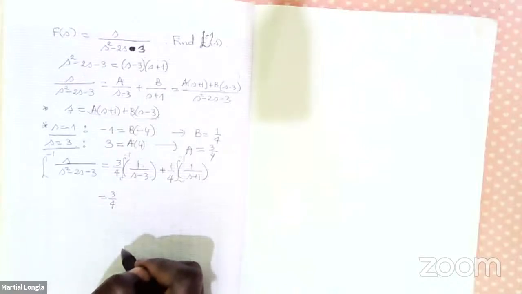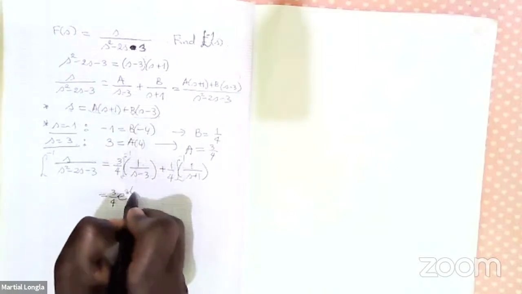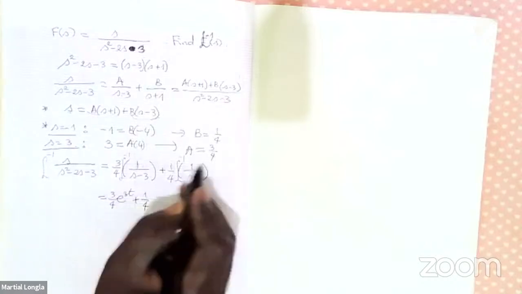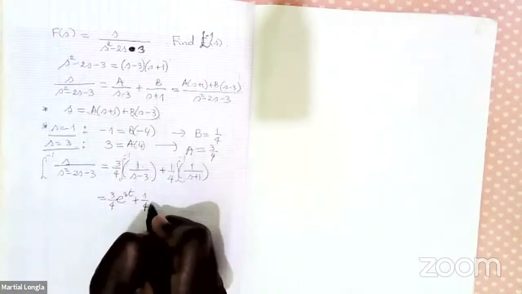Is it e to the 3t? That's it. Excellent. And then plus 1/4. What is this one? E to the -t? That's right.